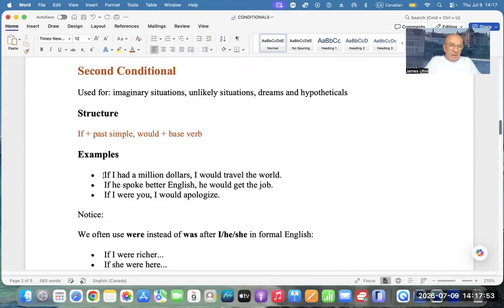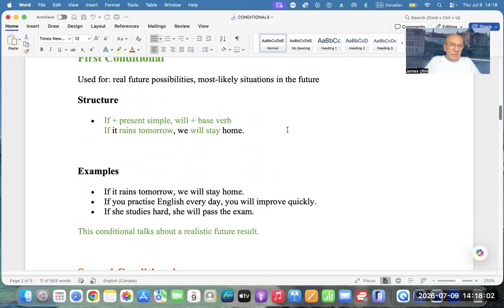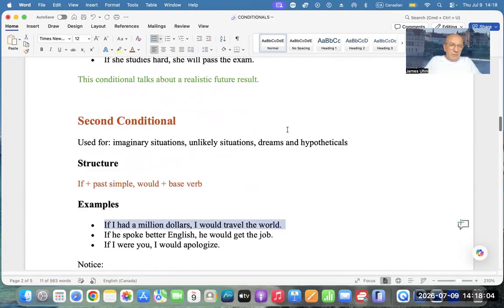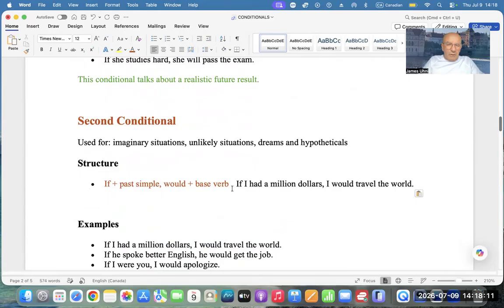So here are examples, sorry, and I will use again the first one.